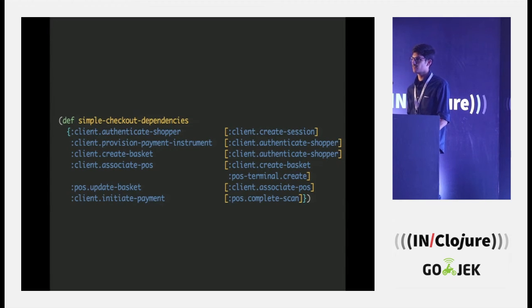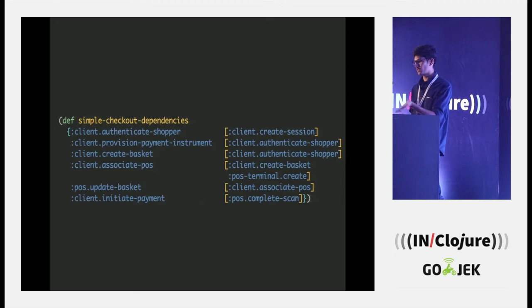To that effect, we first wrote some dependencies between the actions in the system. So here, for example, to authenticate a shopper, you should have created a session. And to provision a payment instrument, to add a card, the shopper should have authenticated the session.